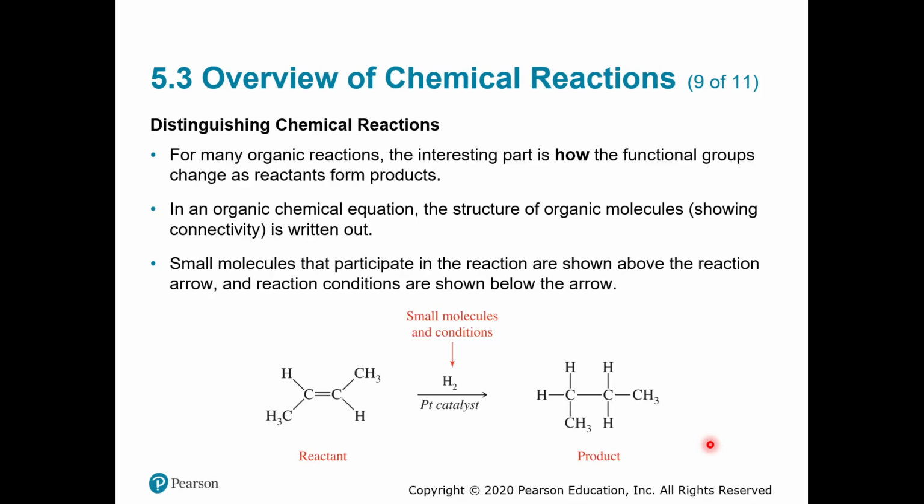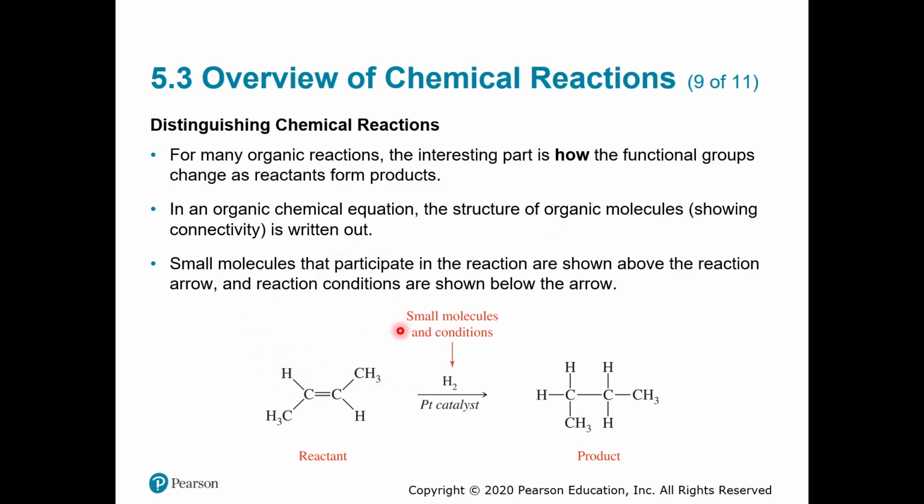Now, distinguishing chemical reactions. These are some different chemical reactions we're going to start talking about, and there are important factors to them. Okay? So for organic reactions, the interesting part is actually how the functional groups change as your reactants form products. Because remember, a lot of the properties of these are from those functional groups, right? So in organic chemical reactions, the structure of organic molecules is written out.